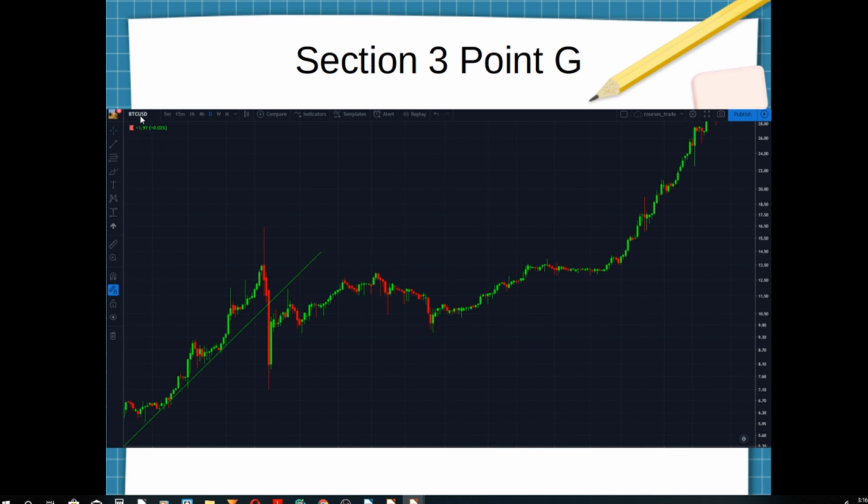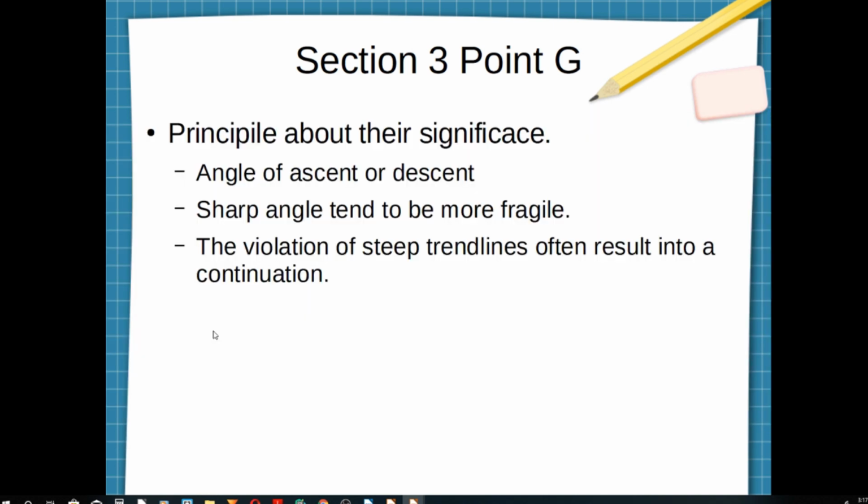This is still Bitcoin US dollar. Bitcoin was being traded in this particular bull market. I think it was somewhere between 2012 and 2013, and we had a violation of the trend line. The violation, I think it was this.